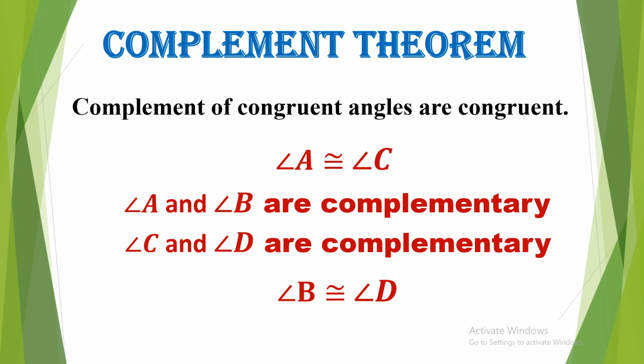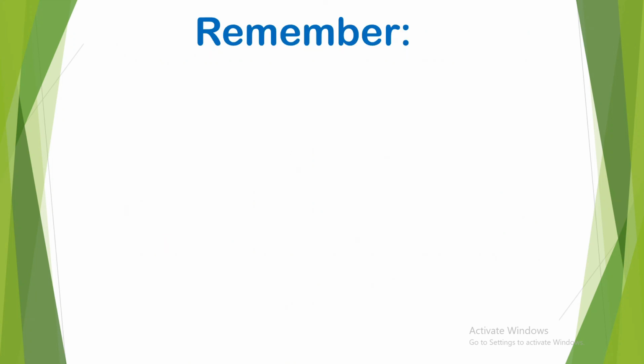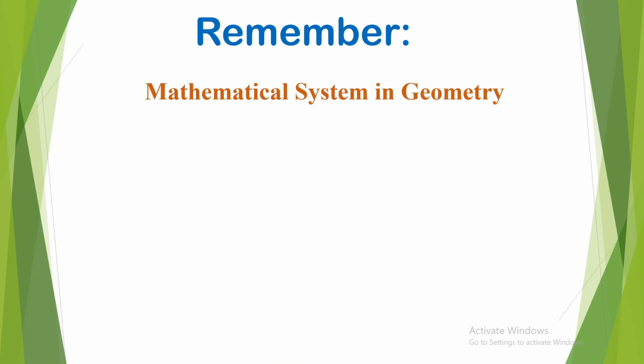That ends our discussion. But before we end this video, always remember that a mathematical system in geometry is composed of four components. First, we have the undefined terms, which include the point, line, and plane.